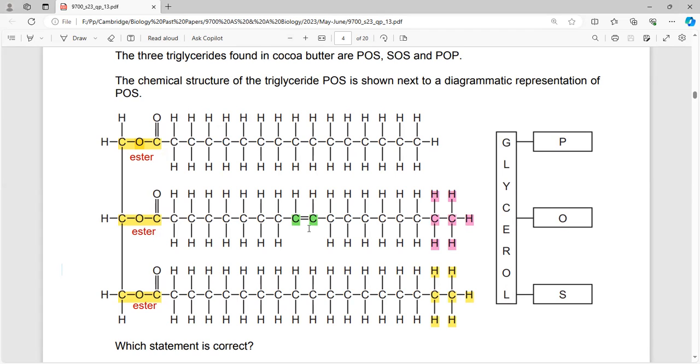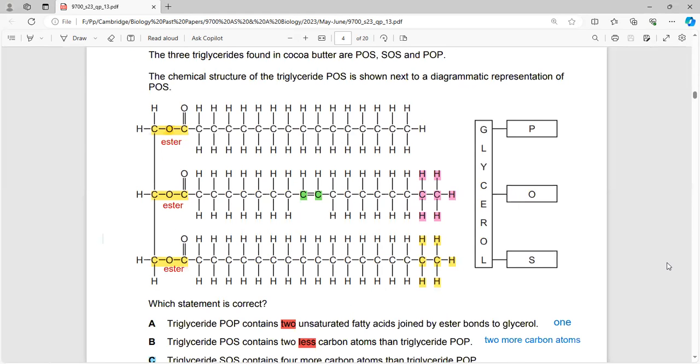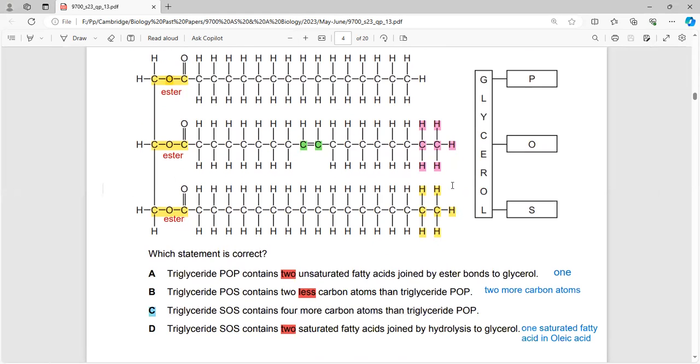That's the one point to be noticed. Second, the palmitic acid contains 2 carbons less than oleic acid and stearic acid. On the basis of this information, we're going to see what is the correct option here.